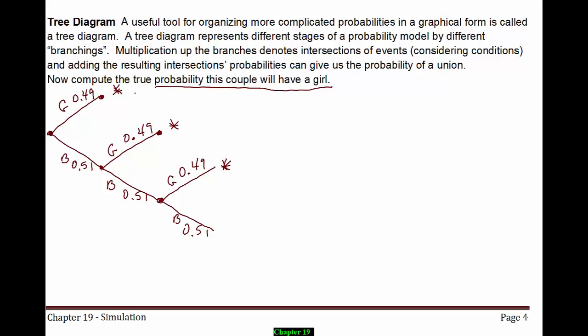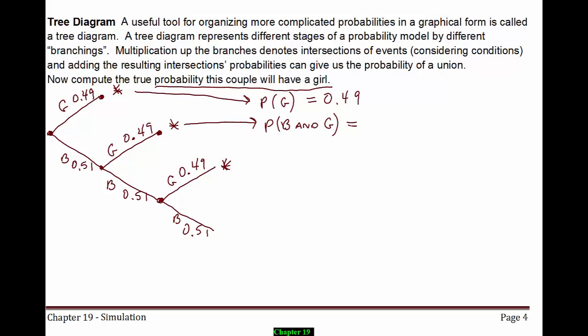So first of all, let's write down the probability of having a girl right out the gate. That was 0.49. Now we want to write down the probability of having a boy on the first try and a girl on the second try.